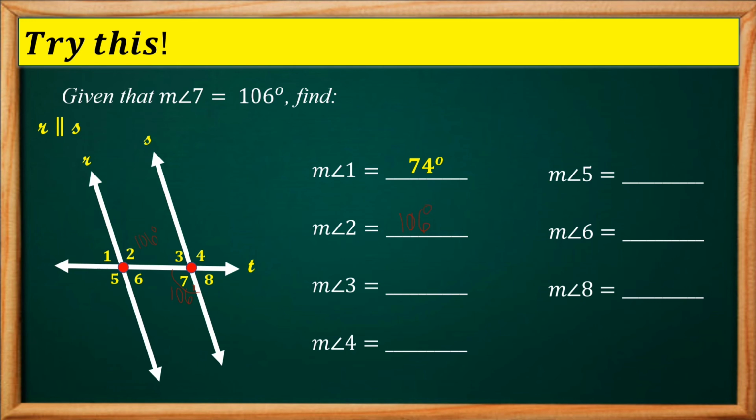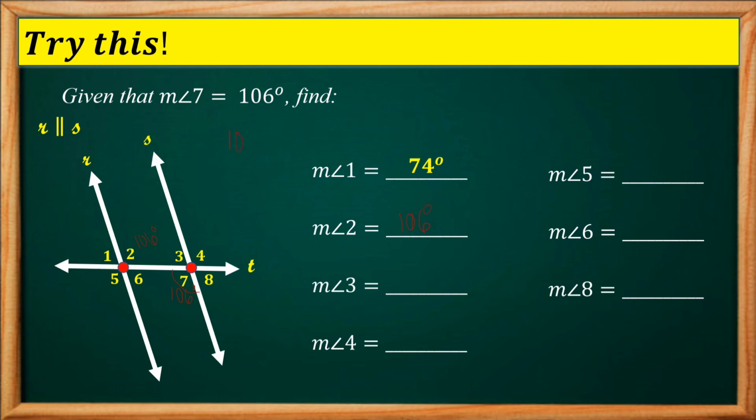Now, since angle 2 is 106 degrees, remember that angles 1 and 2 are supplementary angles. They form a straight line, two adjacent angles that have a common vertex and a common side. Therefore, they total 180 degrees, supplementary.